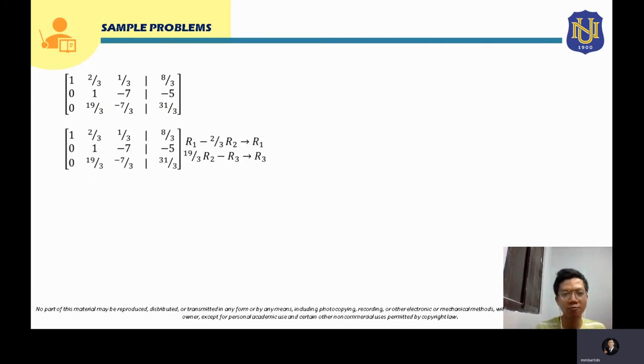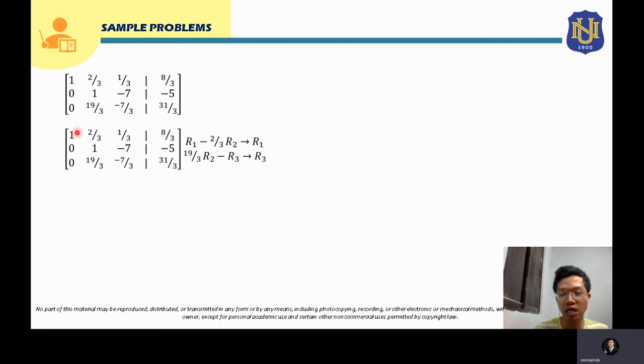So for the second row, if we multiply this by 2/3 and subtract, 2/3 R2 minus R1, we cannot do that because this new first row will become negative 1. Meaning to say it will become 0 minus 1, right? So we cannot do that.